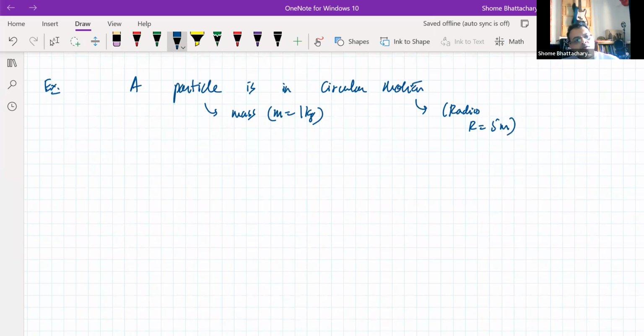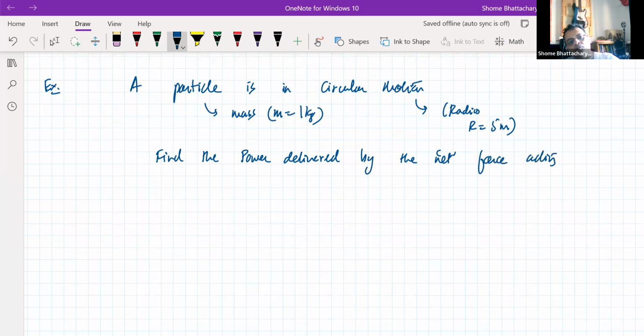Now we have to find the power delivered by the net force, or the net power, you can say, same thing, acting on it. In the first case, if it is in uniform circular motion with angular speed equal to 10 radians per second.